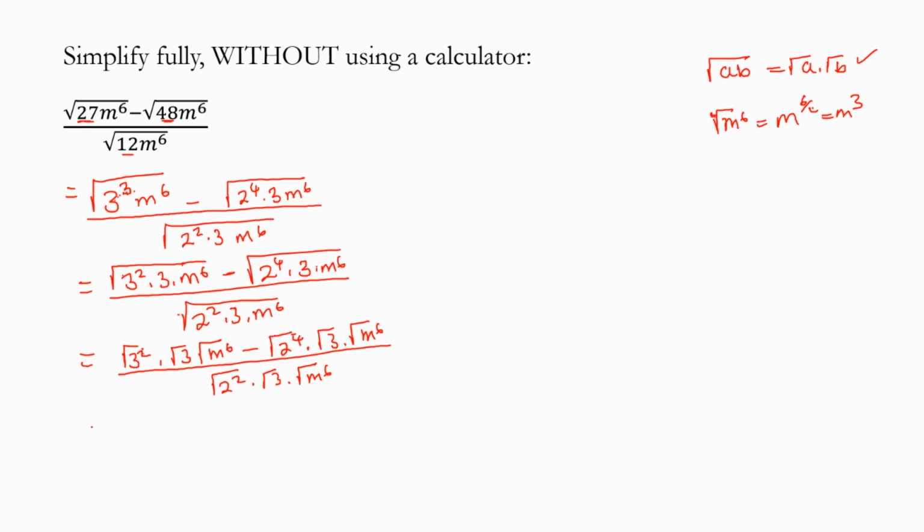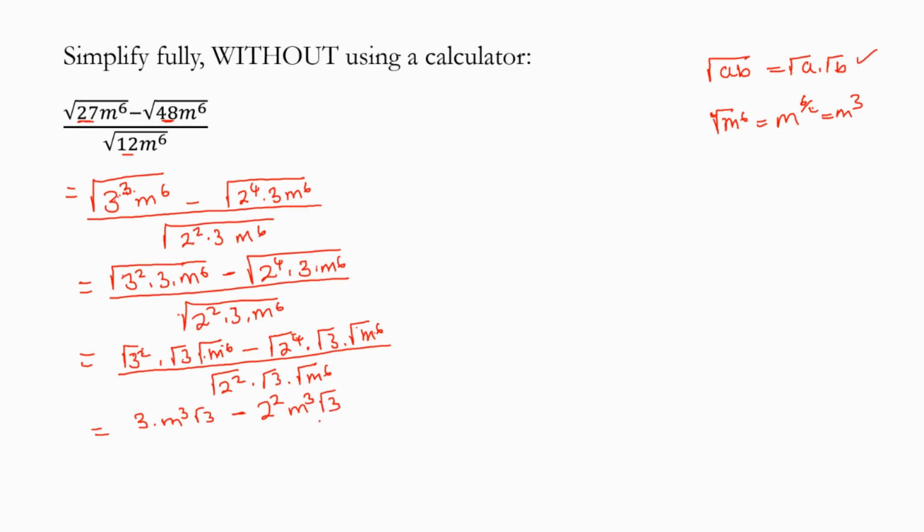So what we get here, this is 3, and then the square root of 3 remains as it is, and then square root of m to the power 6 becomes m cubed. Then square root of 3 remains, minus, then divide by 2, 4 by 2, we get what? 2 squared. Then square root of m to the power 6 is m cubed.